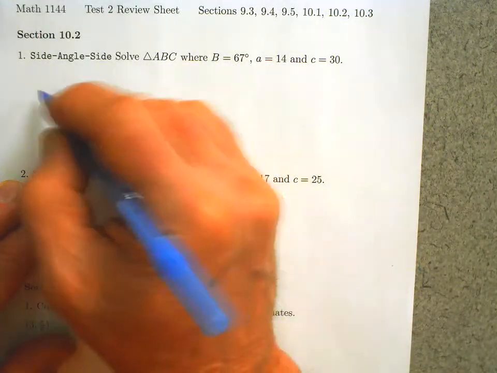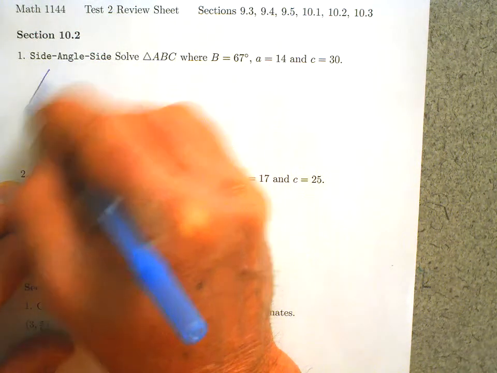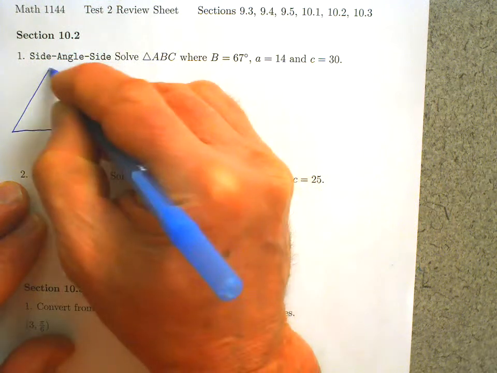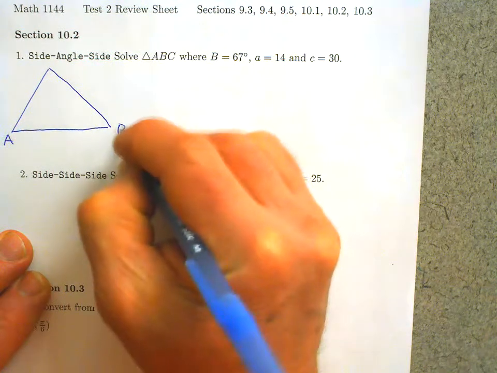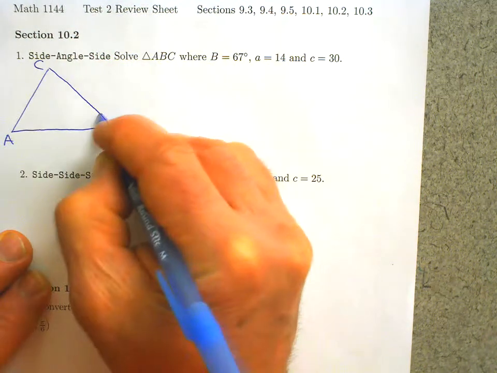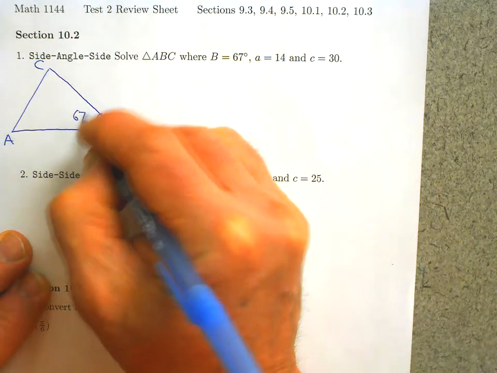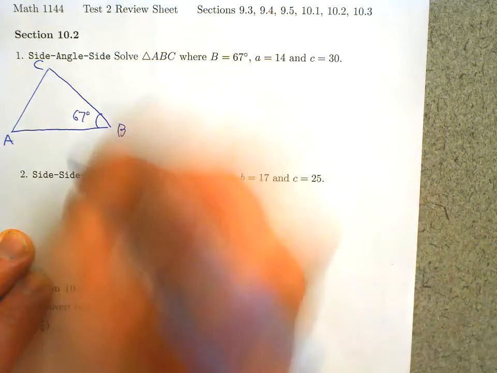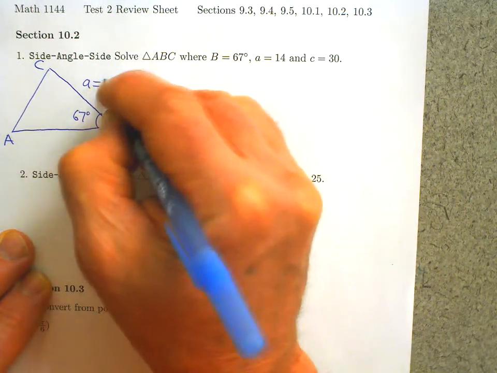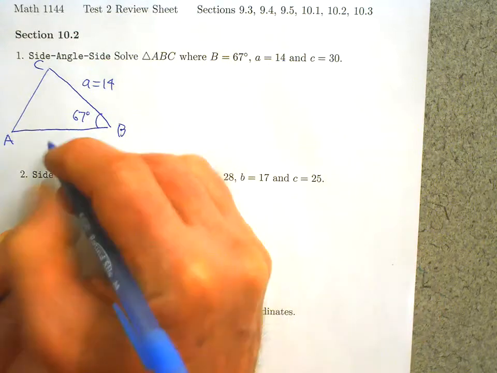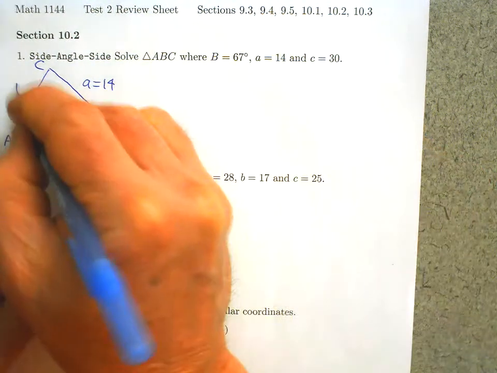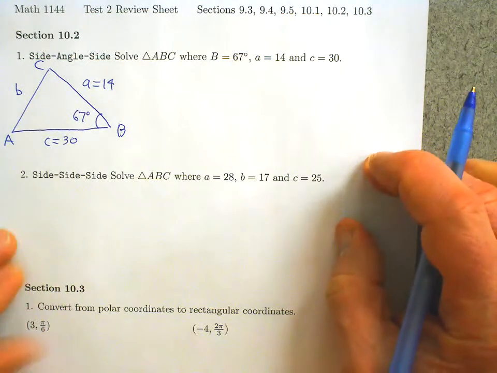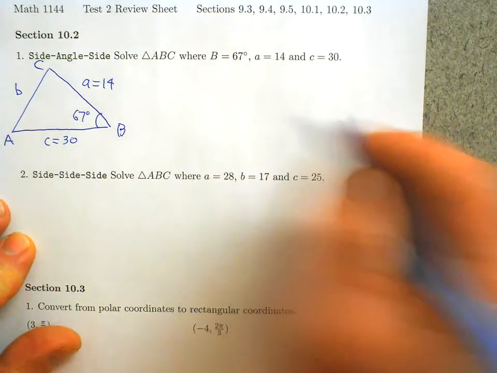So if we draw a triangle A, B, and C, angle B is given, 67 degrees. a is given to be 14. c is given to be 30. And we don't know what lowercase b is.